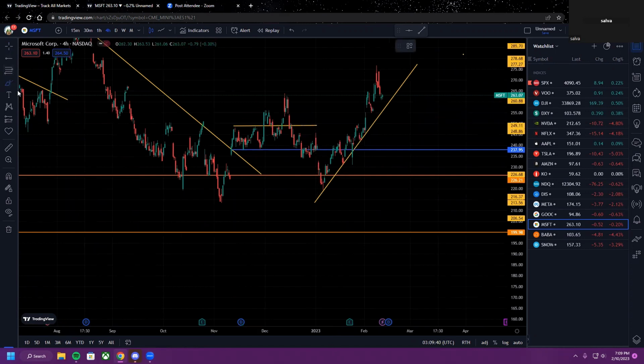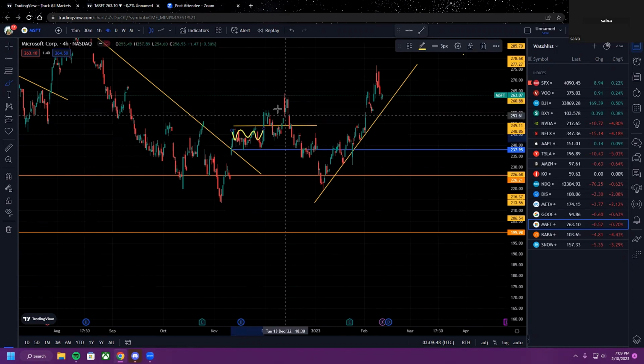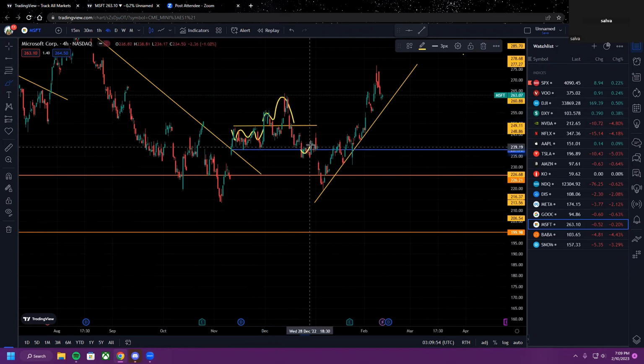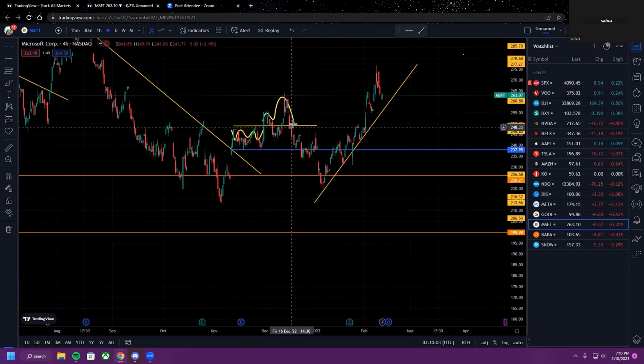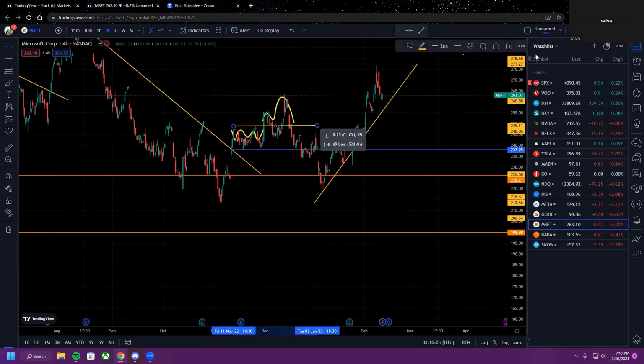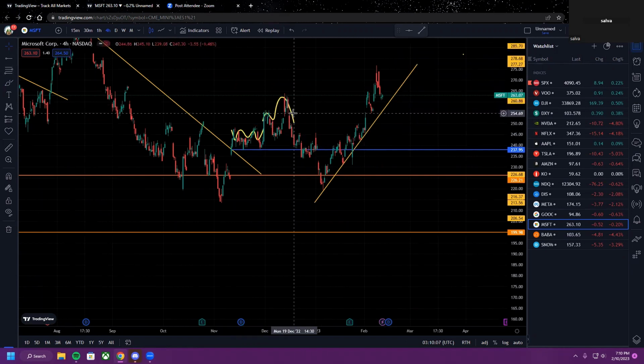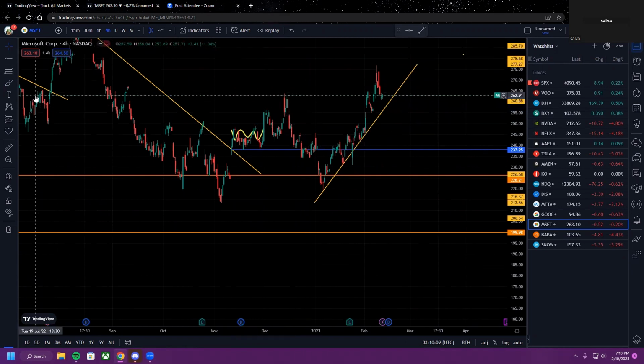You see how we did consolidate, but it was only between like right here. There are too many breakouts, in and out, where it's not respecting it. If it's not respecting it, that means the trend is not valid, right? Does that make sense?